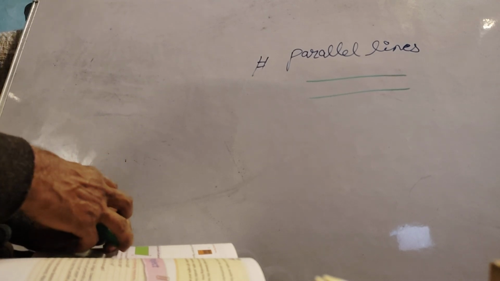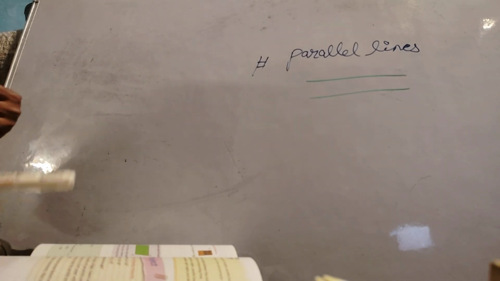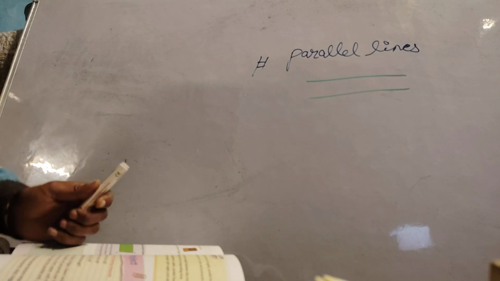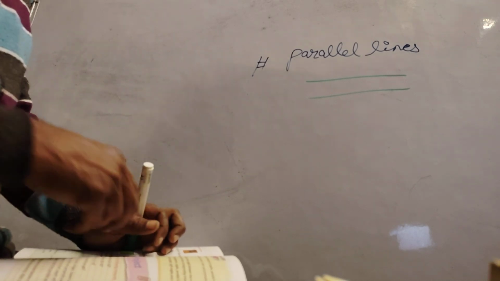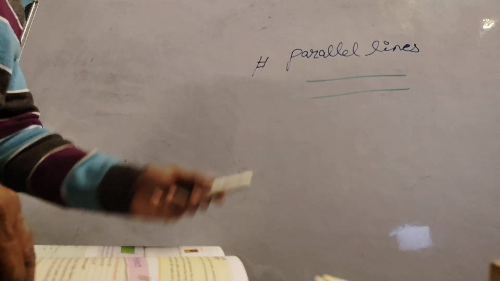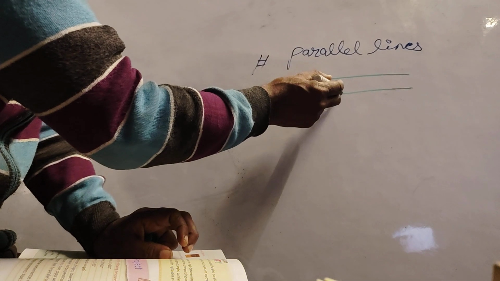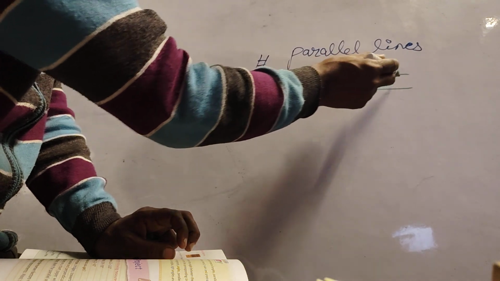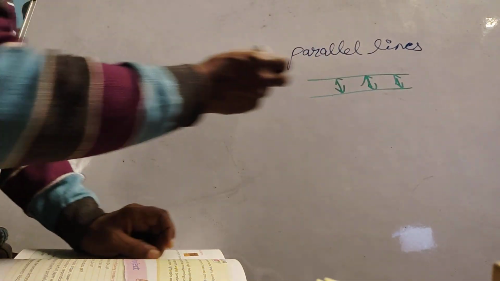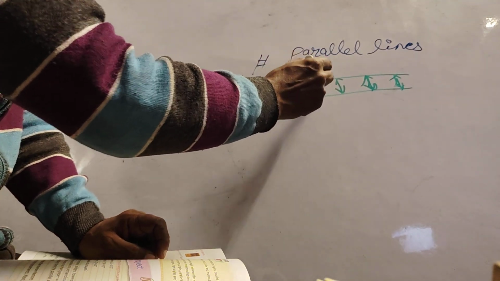Like a rhombus or a parallelogram, even a square and a rectangle, have parallel sides that don't meet. Correct. Like the railway lines, they are all parallel. So parallel lines have a fixed distance between them. Their distance remains constant throughout.